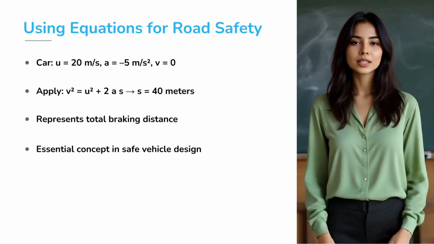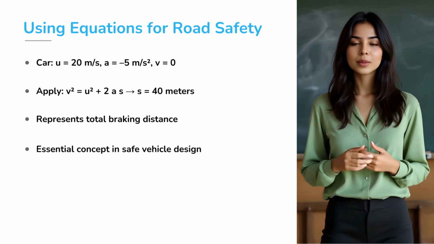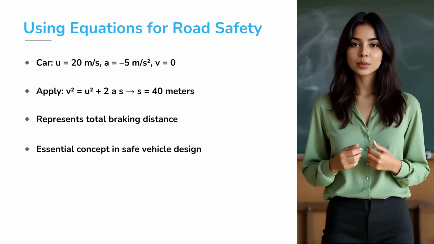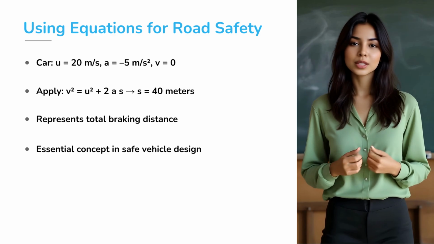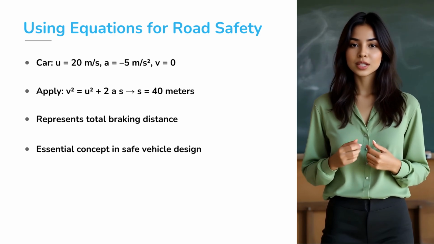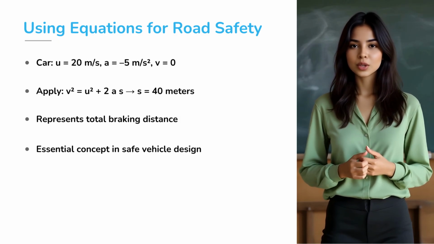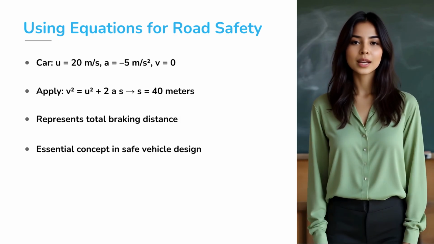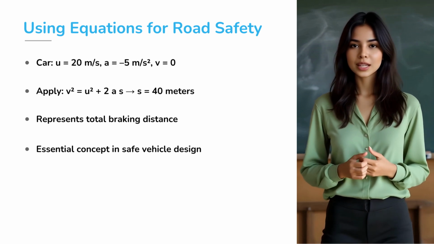Let's see how physics helps us understand real-life safety by calculating the stopping distance of a car. Suppose a car is moving with an initial speed. The car's initial speed, u, is 20 meters per second. It decelerates at -5 meters per second squared. We use the kinematic equation v squared equals u squared plus 2as.